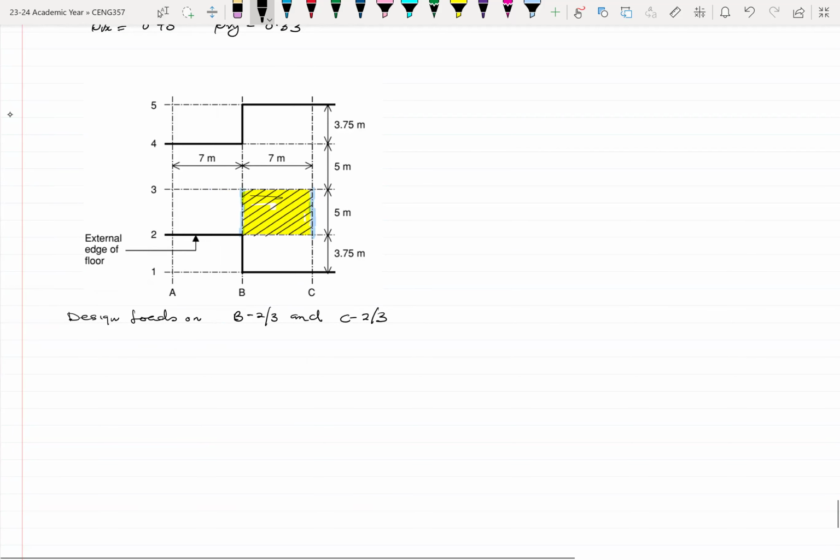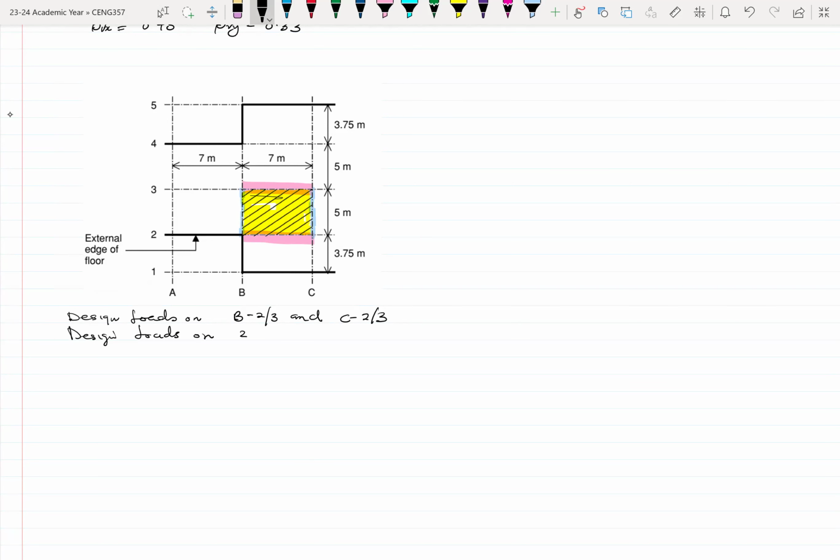So then and then also look at the design loads on these other beams right here. So these are, let's say, 2B, 2, 2B.